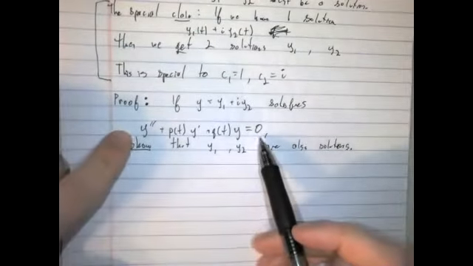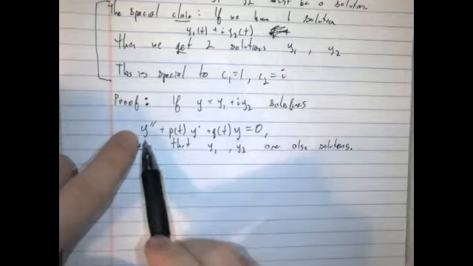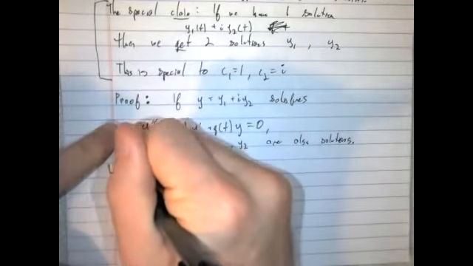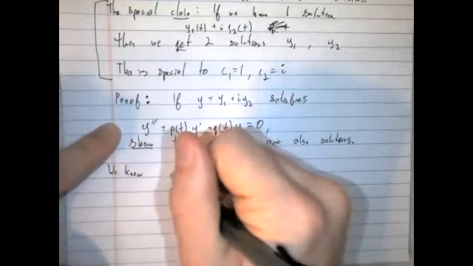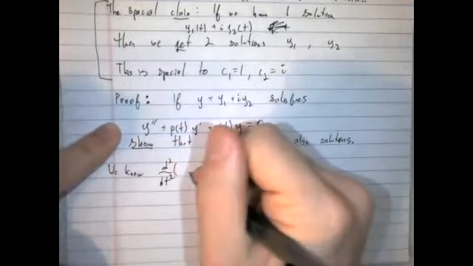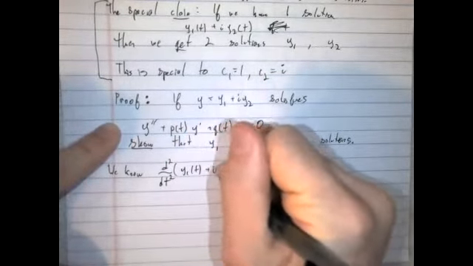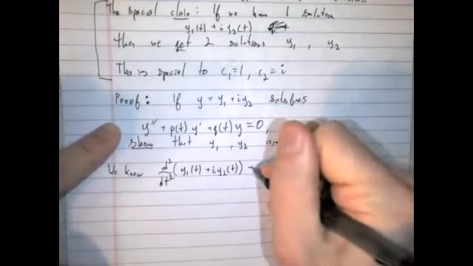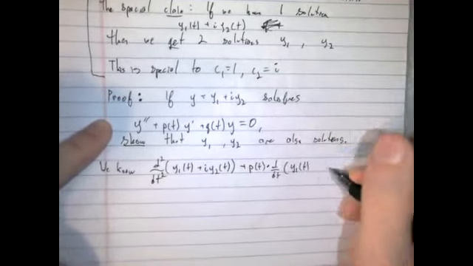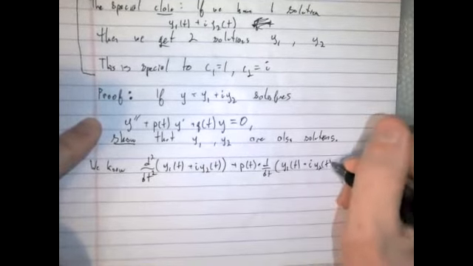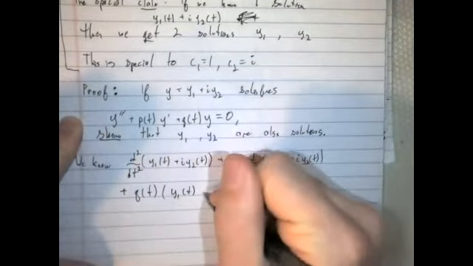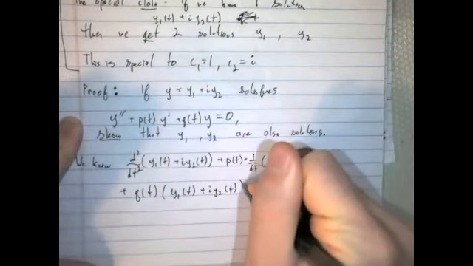So to get us started, we should just plug in y into our differential equation because we know that it's 0, right? So in particular, we know that d squared over dt squared of y1 of t plus I y2 of t plus p of t times d over dt of y1 of t plus I y2 of t plus q of t times y1 of t plus I y2 of t is equal to 0, right?